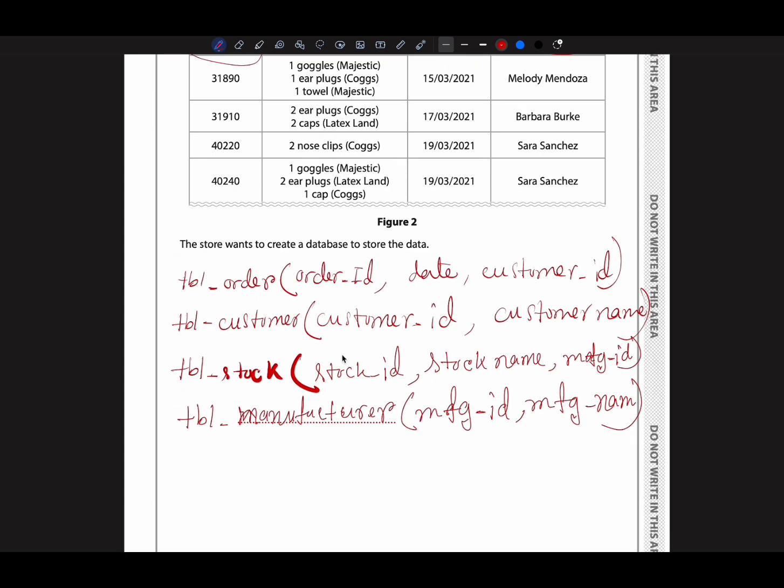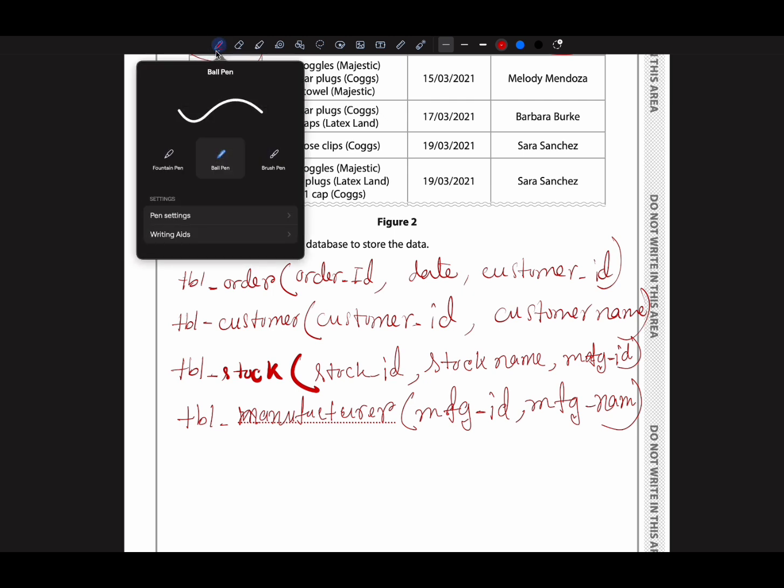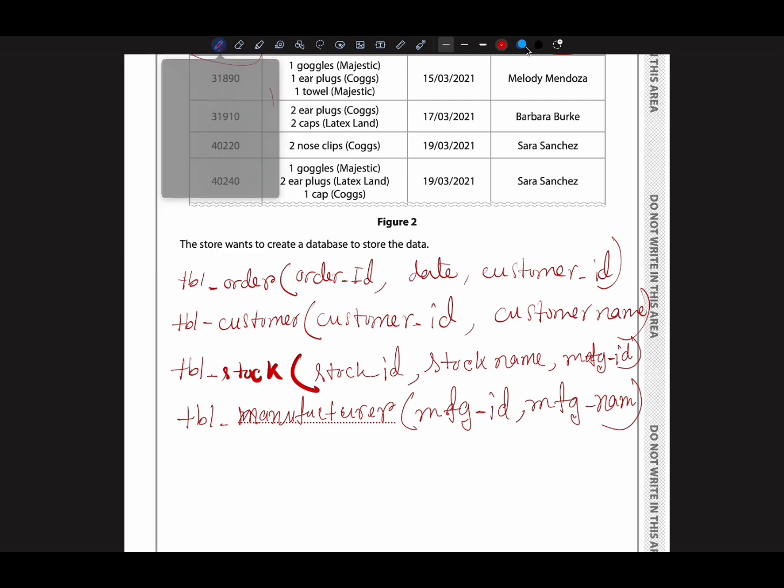Now we have to think about what can be the primary and foreign keys. So for this one it is the ID, right? Order ID. This comes only for table order, unique. So that means we will use this customer ID.